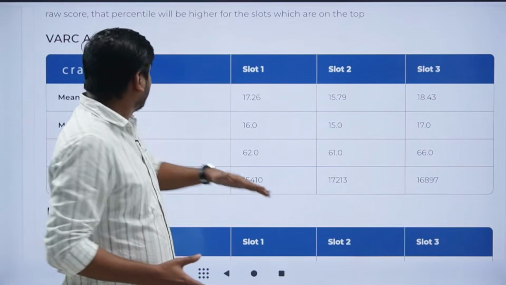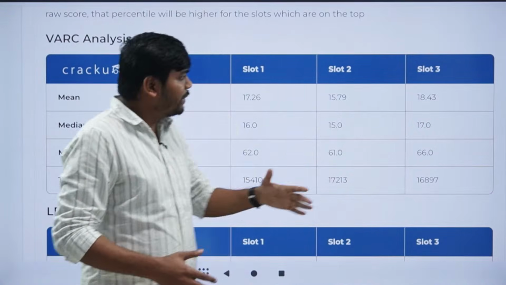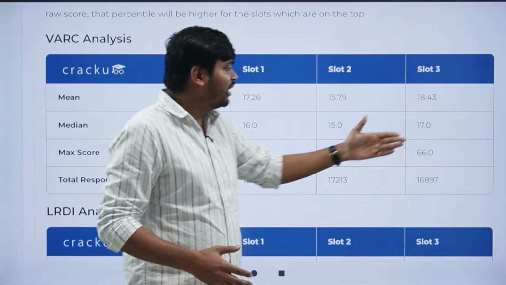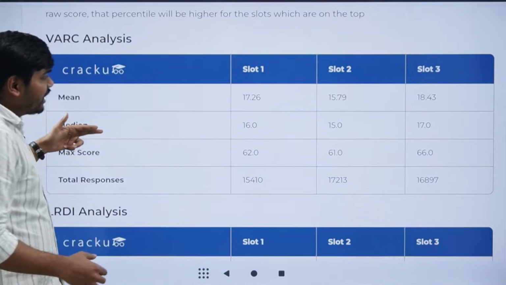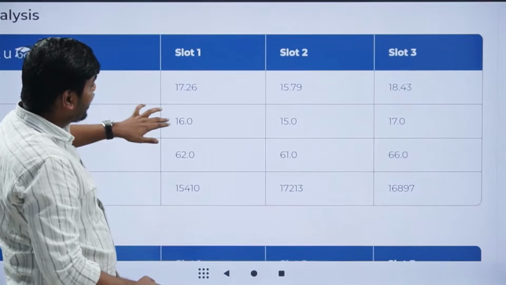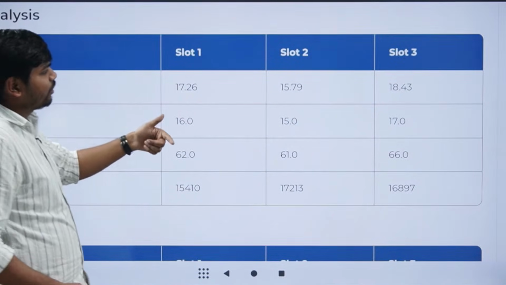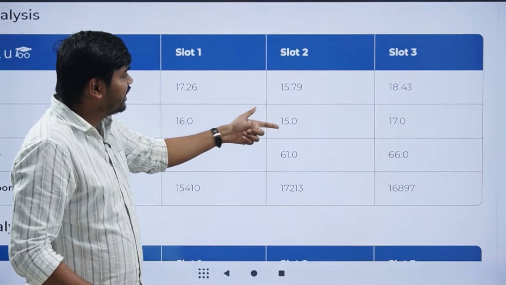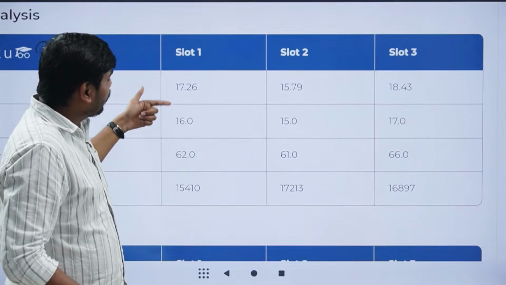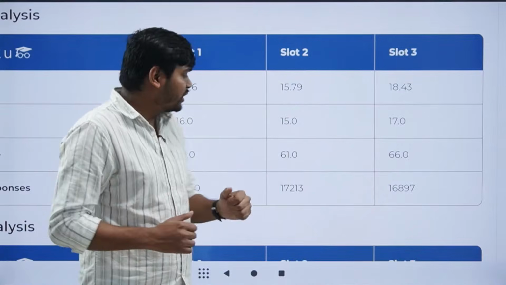So the mean of slot 3 is higher than slot 1 and slot 2. This means slot 3 was on the easier side, and the median of slot 1 is 16 and slot 2 is 15. Therefore, we can say that slot 2 was on a difficult side as compared to slot 1, and slot 3 was the easiest among all the three slots.